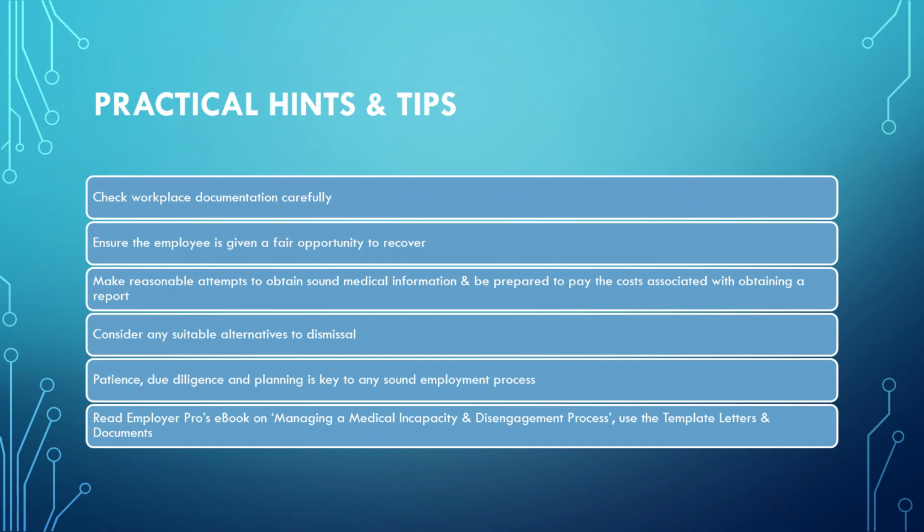Ensure the employee is given a fair opportunity to recover. I mean, this is relatively common sense, but the example to use is, say you've got an employee and they suffer some sort of injury, perhaps a broken bone or something like that, and they're off for a period of time. I have had scenarios where the employer rings up on the second day of absence and says, I need to get this process underway and look to terminate on grounds of medical incapacity.